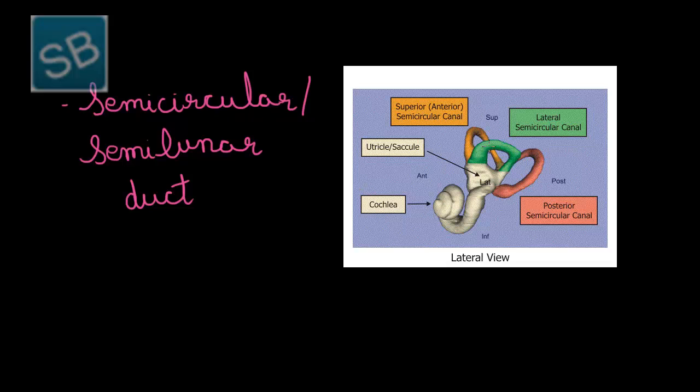Now, as it can be seen from the figure, this semilunar or semicircular duct is located at three portions: the outer, that is superior portion, the lateral, that is side portion, and posterior or the inner portion.